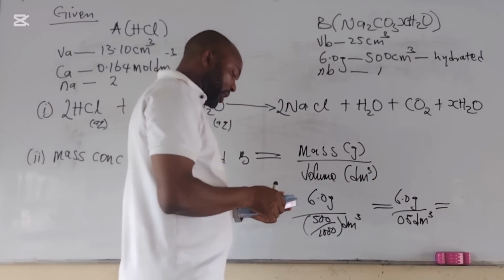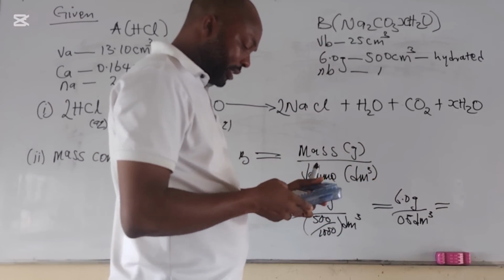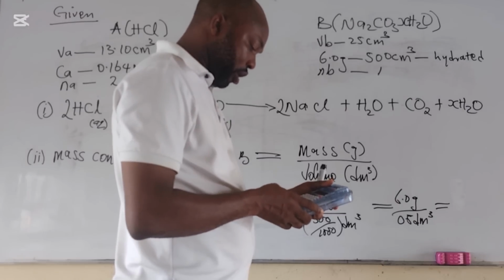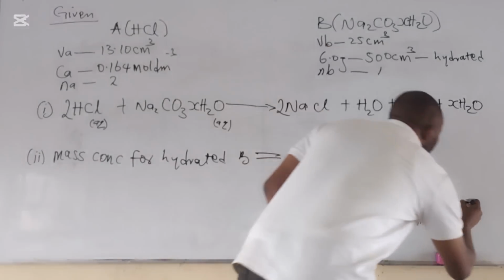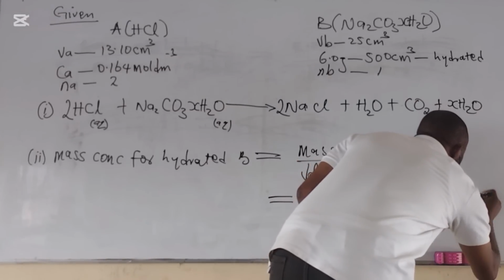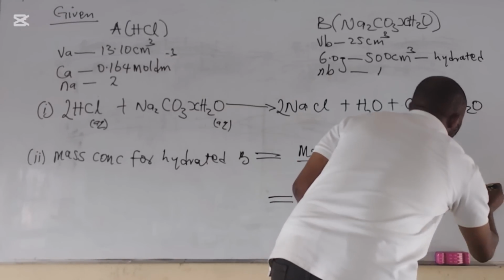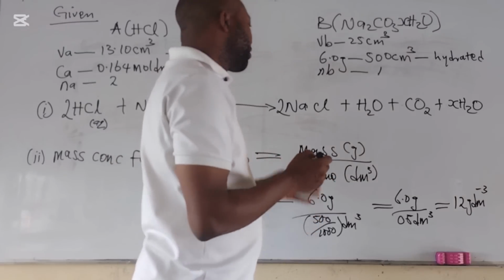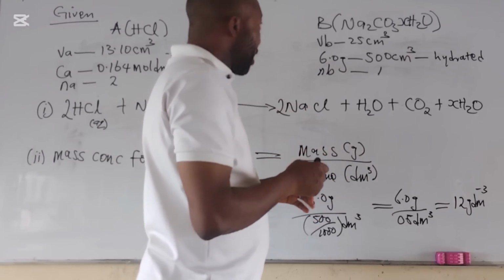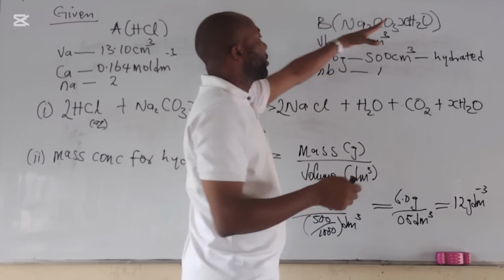So we're going to find out what that is. 6 divided by 0.5 will give us 12 g/dm3. So this is now the mass concentration of the hydrated B, sodium trioxocarbonate(IV) X hydrate.